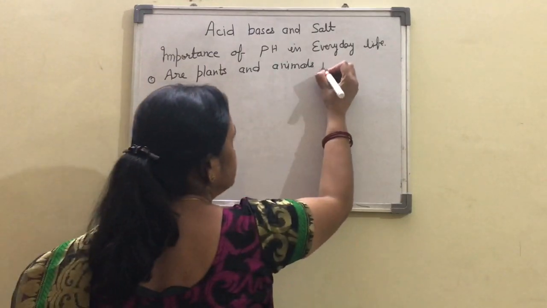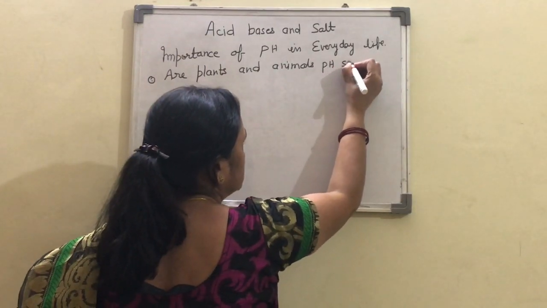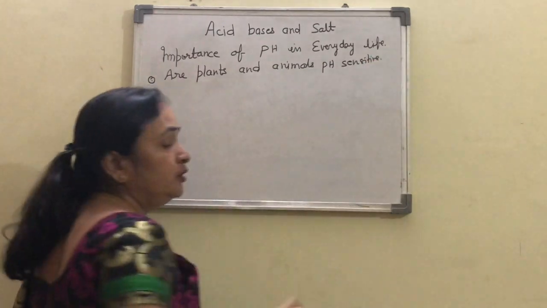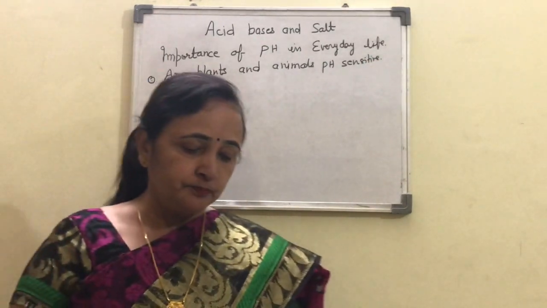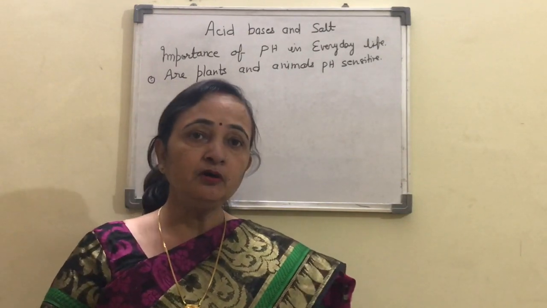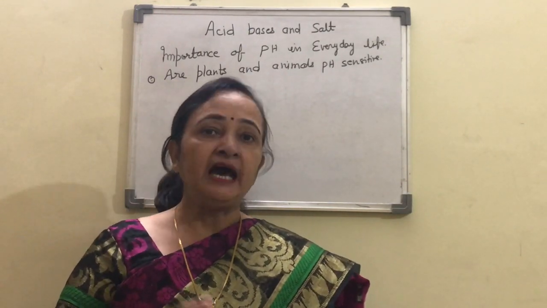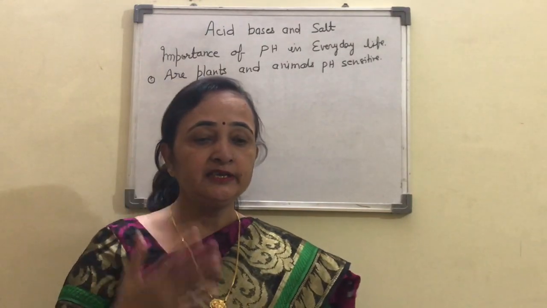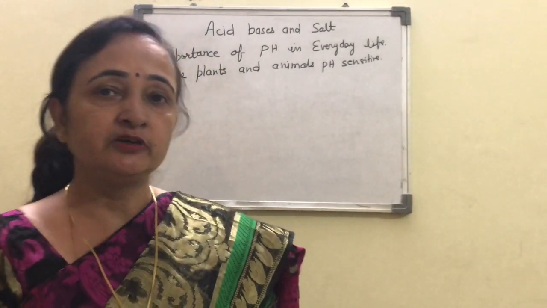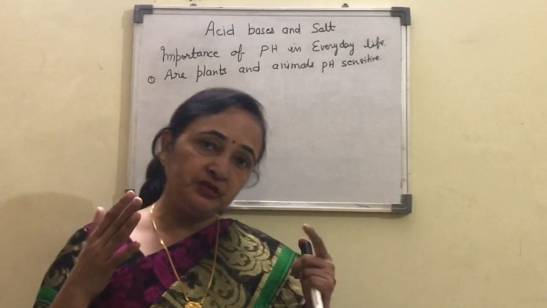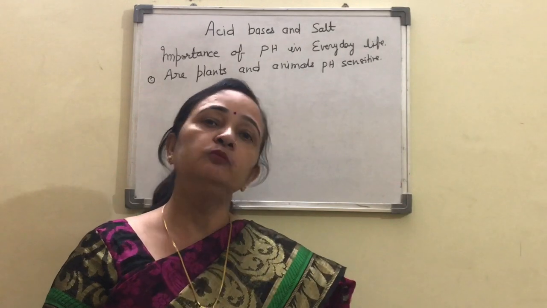Children, do you know the pH for our body? I am telling you that the pH for our body is between 7 to 7.8. And only within this pH range does our body work.